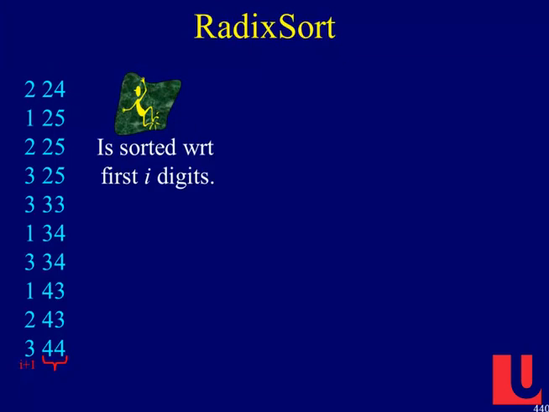We want them sorted with respect to the first i plus 1 digits. Everybody understand what we're trying to do? They're sorted here with respect to these 2 digits. Then we sort with respect to the third, and I want to prove to you that now they're sorted with respect to the first 3 digits. Everybody good? All right. Proof.